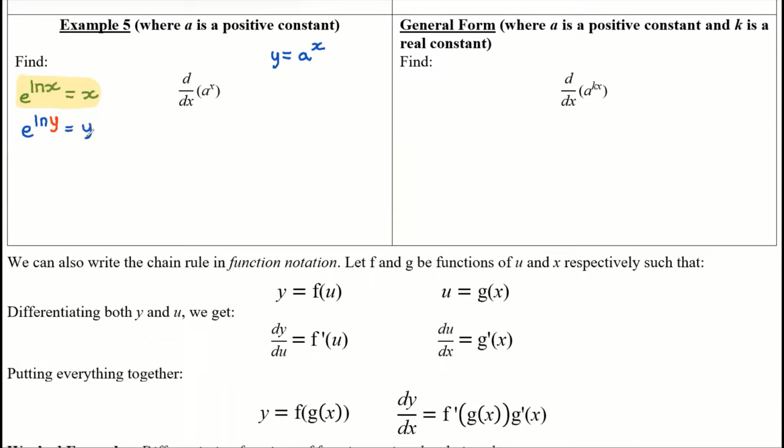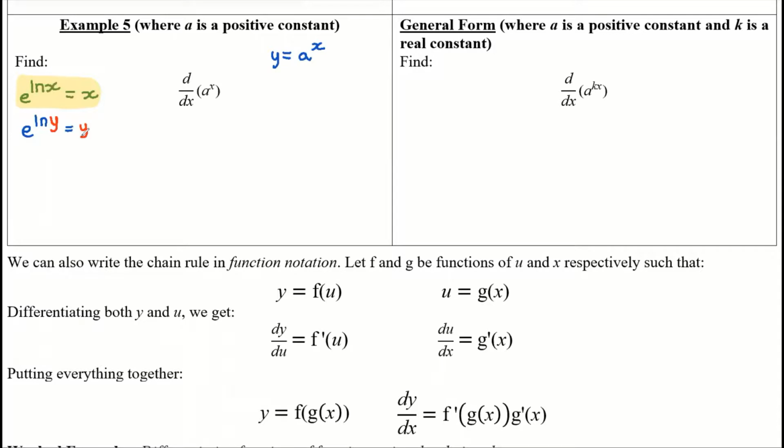In fact, let me put that in red as well so it's more clear. So that's going to be y also. We can call that variable whatever we like. And you'll notice that I've defined y in this question already: y equals a to the power x.